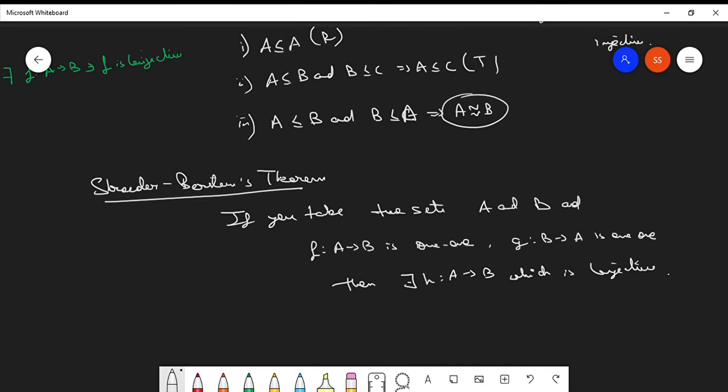So this property of the relation is true. Clear?